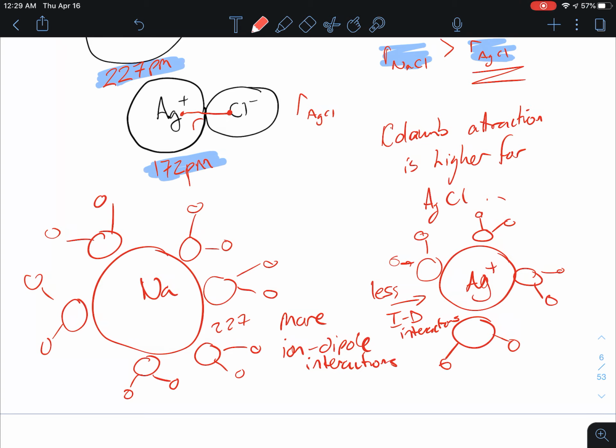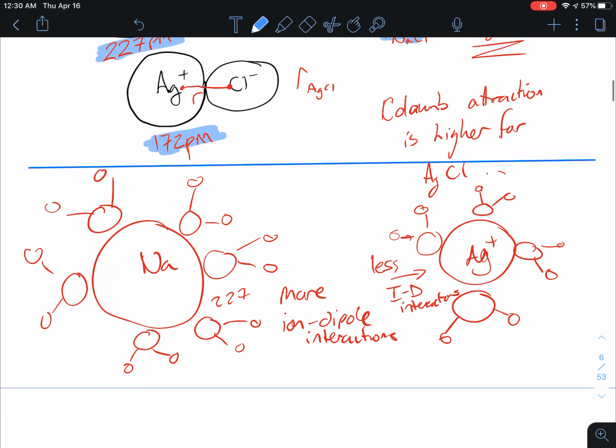and so this will decrease the solubility of silver chloride. On the other side of things, not only is the ionic force, remember that we're trying to say that it's the comparison of ionic bonding to the ion-dipole interaction. Well, sodium, by being a little bit bigger, you can actually get more waters around the atom compared to the silver ion, which is smaller.